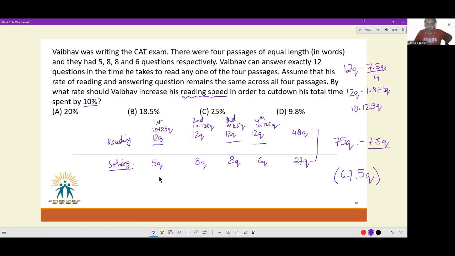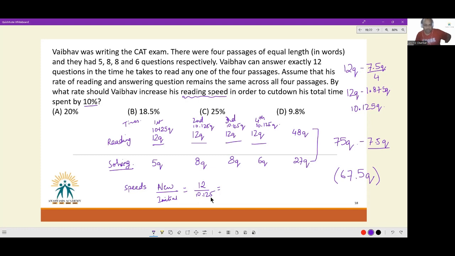See, the rate at which whatever he was previously reading, his initial rate. These are the times. So ratio of speed, new to initial, will be inverse of this. His new speed will be 12 and his initial speed will be 10.125.